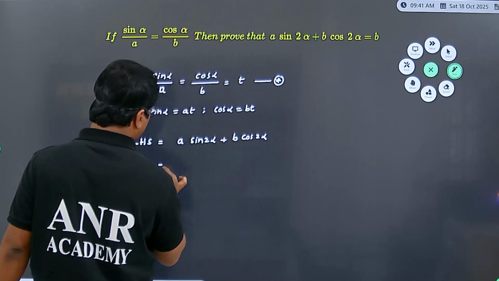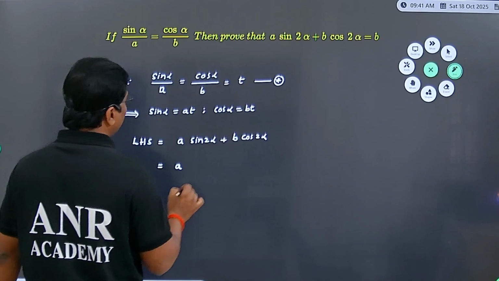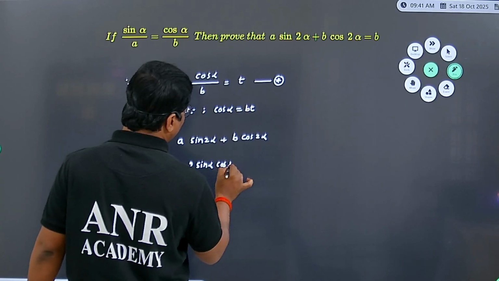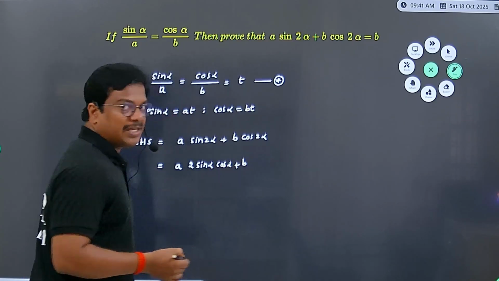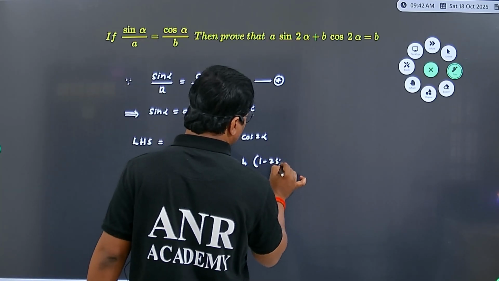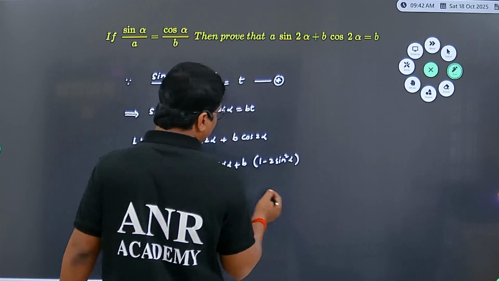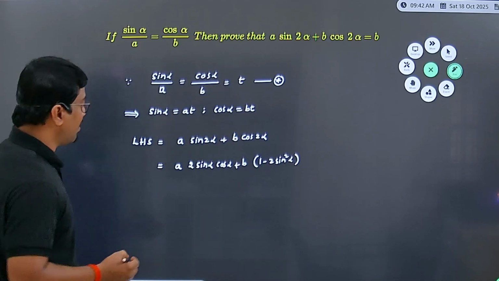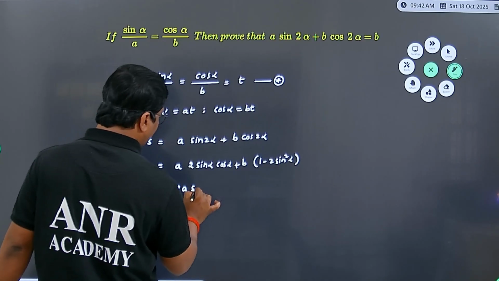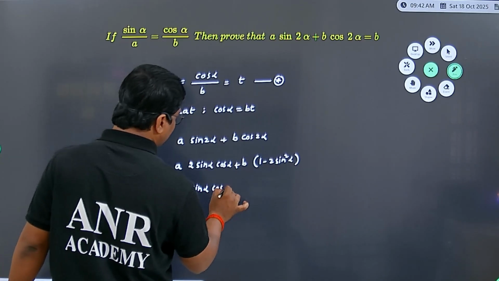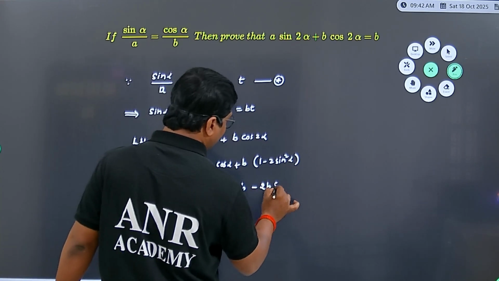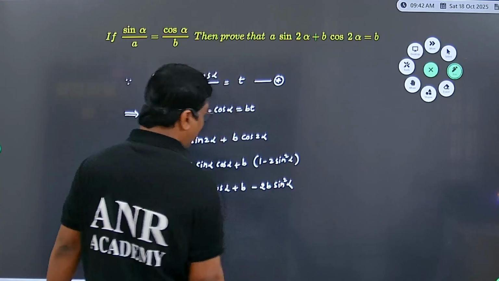I am going to write sin 2 alpha as 2 sin alpha cos alpha, and cos 2 alpha as 1 minus 2 sin square alpha. Now this is 2 times a sin alpha cos alpha, next plus b minus 2b of sin square alpha.